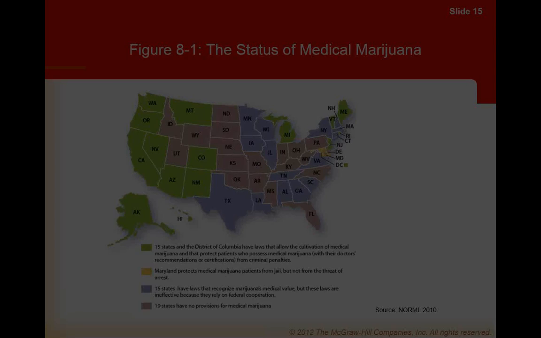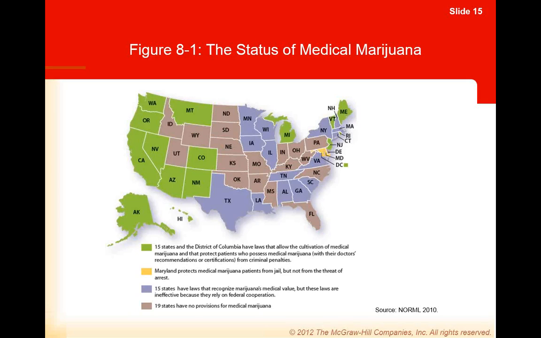I believe right now Illinois is actually on the verge of changing and becoming the 16th to have laws protecting people from prosecution if they have a doctor's note allowing them to use medical marijuana. And of course, 19 states have no provisions for medical marijuana at all.